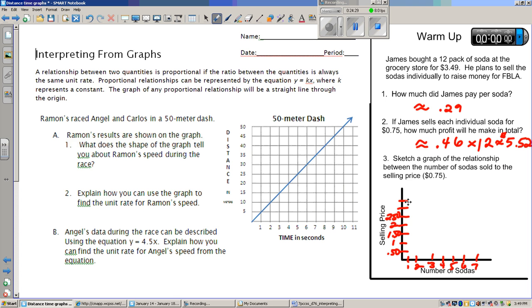This is just a sketch, so not exact, but after one soda, he has sold it for 75 cents, so we'll say about there. 2 sodas, $1.50. 3 sodas, how much is that? All right, so it increases constantly. But this would be the graph that represents the data that we have here.